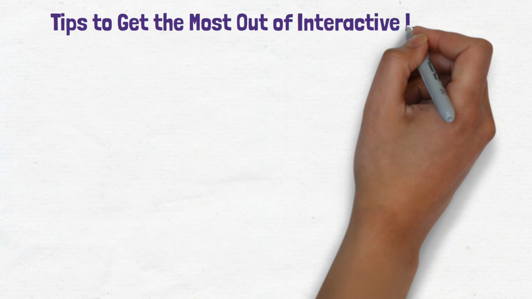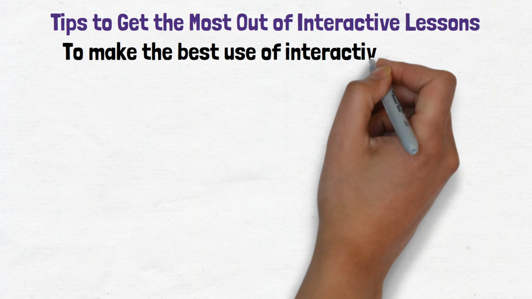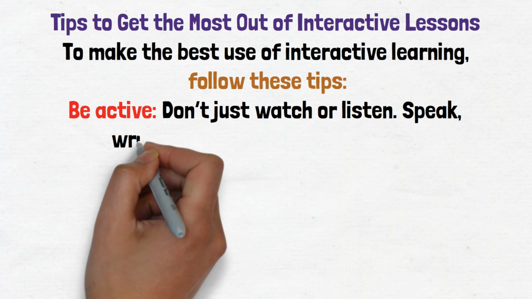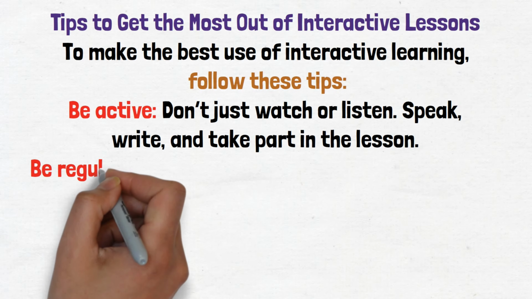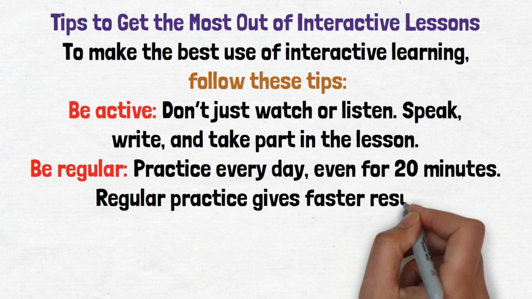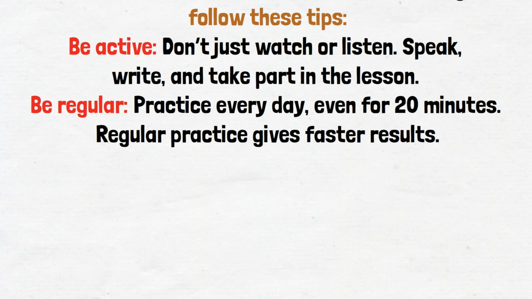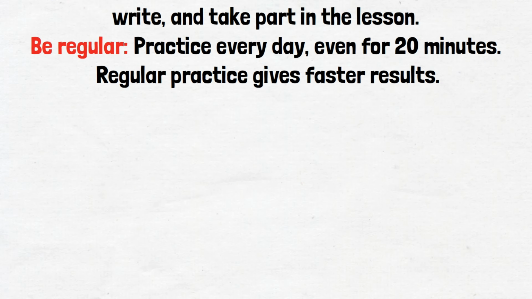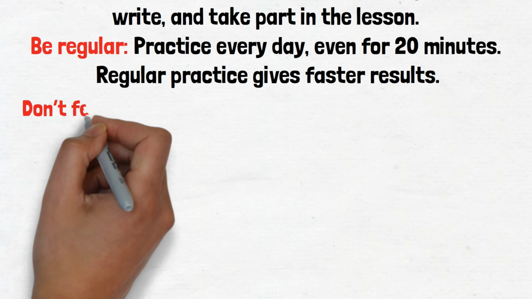Tips to get the most out of interactive lessons. To make the best use of interactive learning, follow these tips. Be active. Don't just watch or listen. Speak, write, and take part in the lesson. Be regular. Practice every day, even for 20 minutes. Regular practice gives faster results.